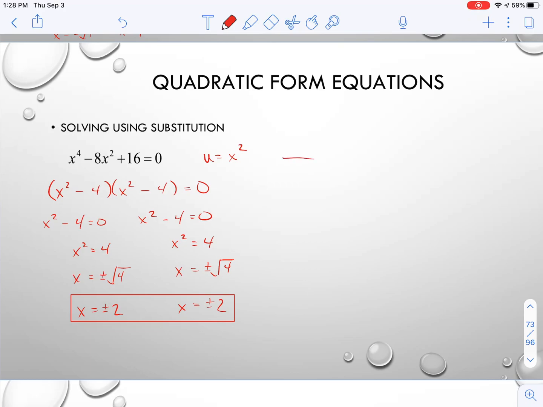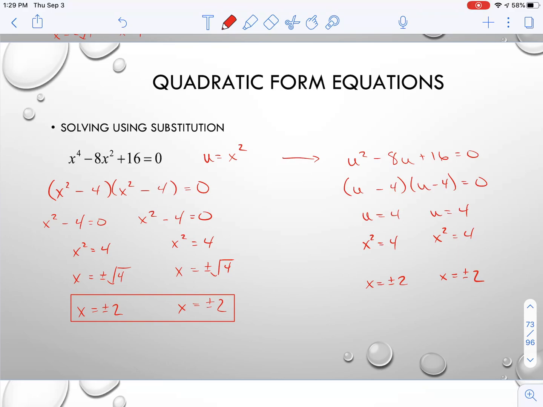U substitution would have given me u squared minus 8u plus 16 equals 0, which would give me u minus 4 times u minus 4. Or if I skip a step or two, u equals 4, u equals 4. If I make that back substitution, I have x squared equals 4 and x squared equals 4, or x equals plus or minus 2 and x equals plus or minus 2.